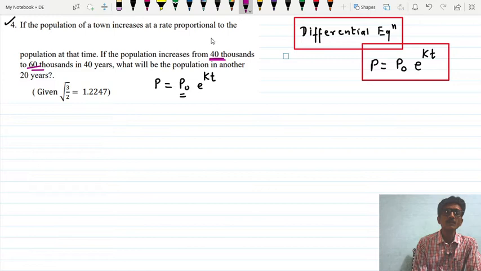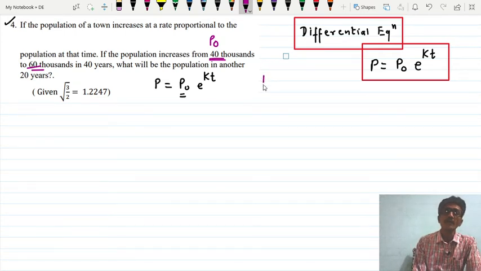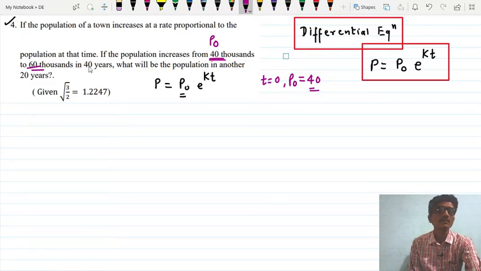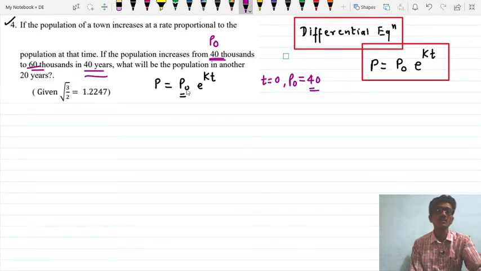That means here P0 is 40,000 when time T is equal to 0.